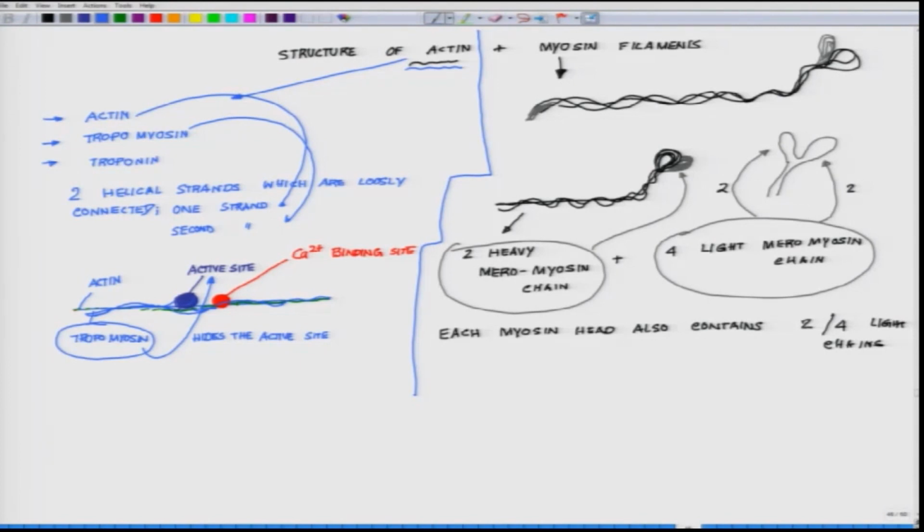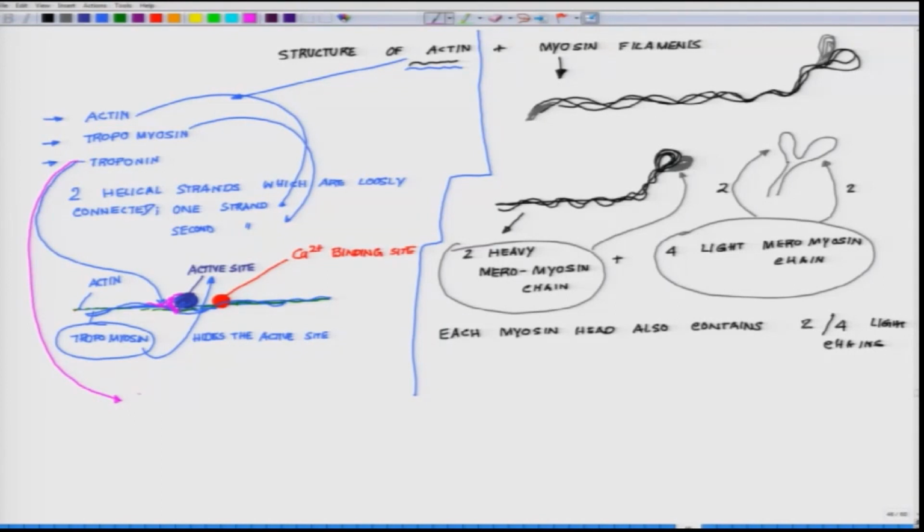Now, a troponin molecule is attached to the tropomyosin molecule. There is another molecule which is present there, which I have not mentioned yet, which is the troponin. So, this particular molecule is attached to the tropomyosin. Okay. So, let us put another color to this. Something like this. Okay. So, there is a troponin molecule attached to the tropomyosin molecule, and it has 3 binding sites.